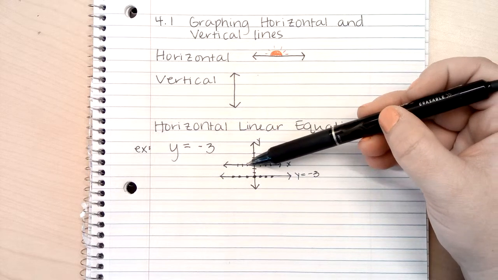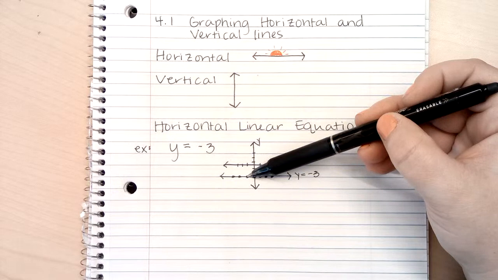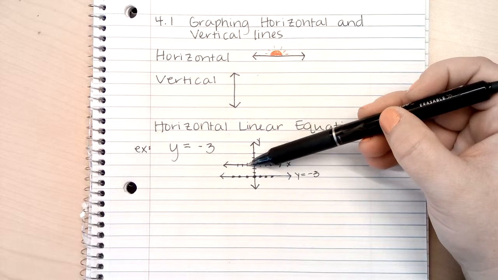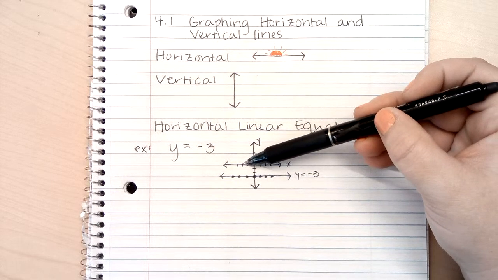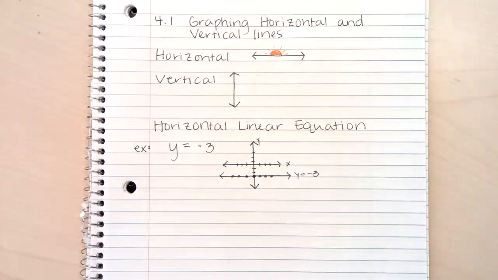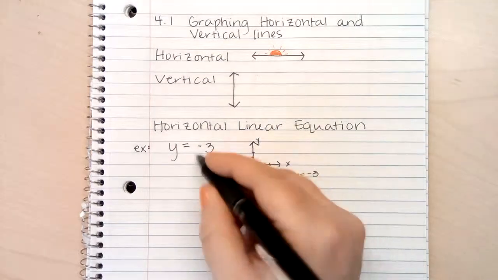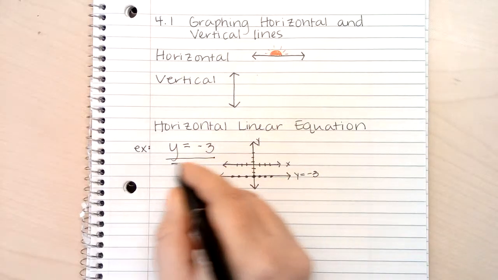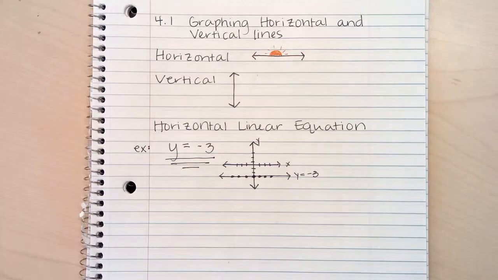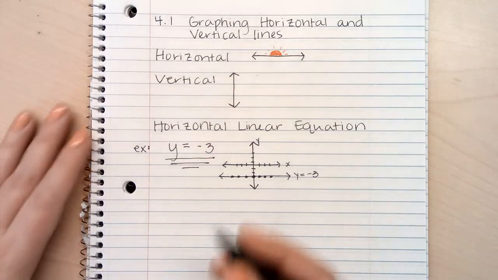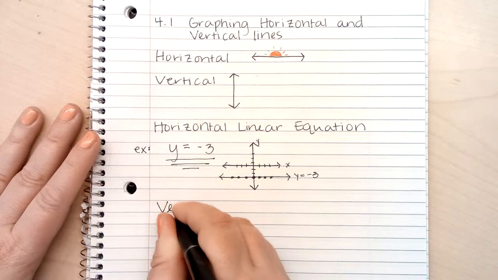When x is -1, y is -3. When x is -2, y is -3, and so on. Y is always -3. Horizontal linear equation.